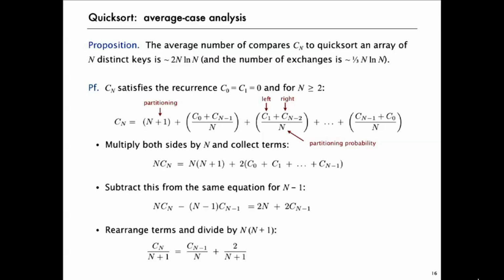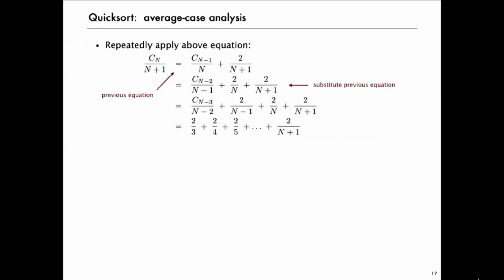Rearrange the terms. So we get (n plus 1) C_{n-1}, and then divide by n times n plus 1. That's a kind of magic step, but we'll see that it makes it possible to solve the equation easily. Because that equation with C_n over n plus 1 equals C_{n-1} over n is an equation that telescopes.